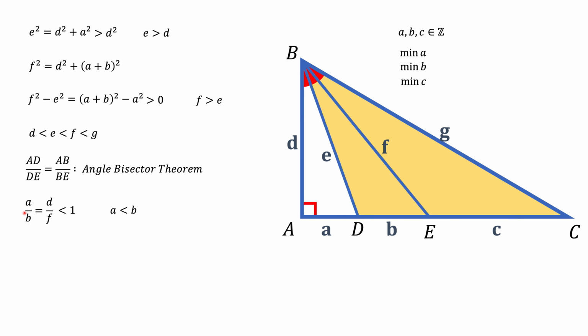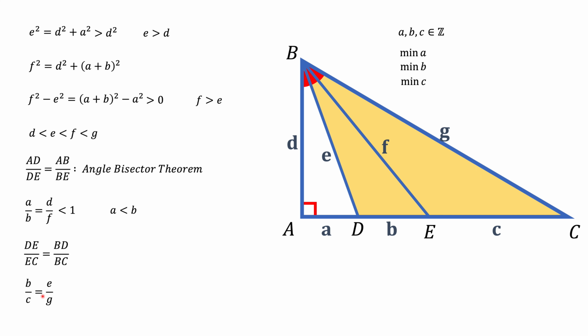Now let's consider this yellow triangle DBC. BE is an angle bisector. Again, we can apply the angle bisector theorem here. DE to EC should equal BD to BC.